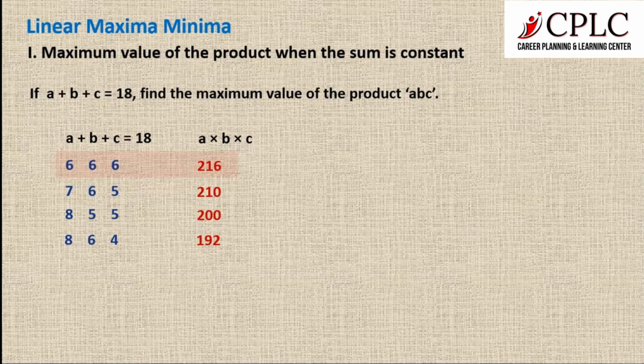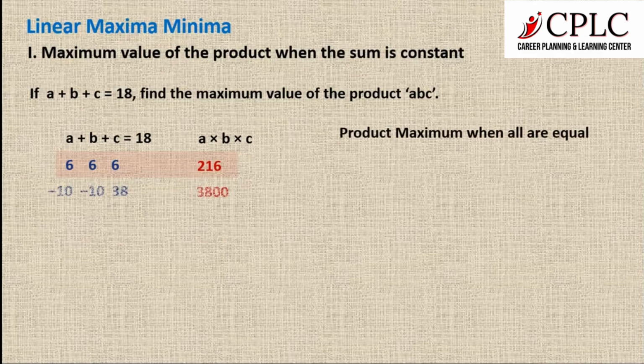For example, take three numbers where two of them are negative, -10 each, and one of them is positive, which is 38. You realize the sum is still 18, that doesn't change. But look, the product turns out to be 3800, which is definitely way more than 216. So how do we decide?